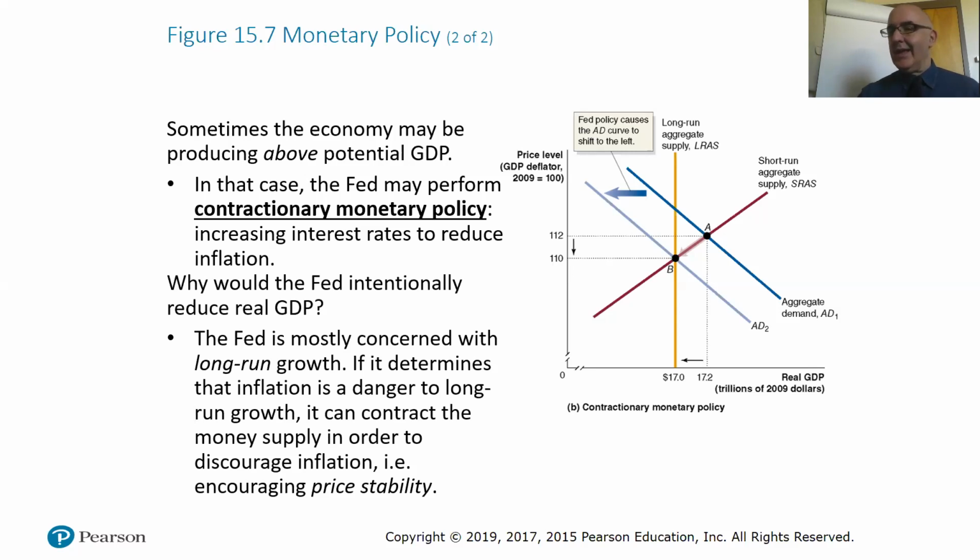So you think, well, why do you want to do that? Surely you just want it to get bigger and bigger, and the boom to go on and on and on. But the reason they do that is to stop inflation, because if inflation starts to rear its ugly head, then a lot of people will stop spending, a lot of investment won't happen, and there'll be a much bigger sort of movement left of the aggregate demand.